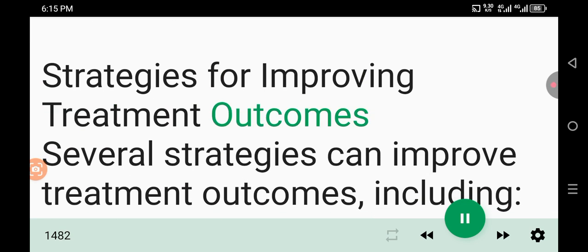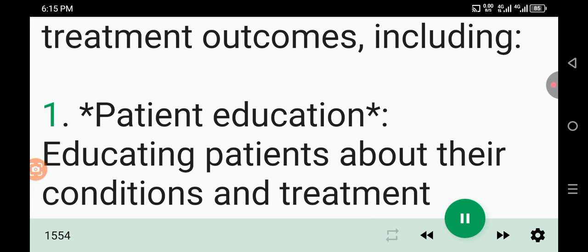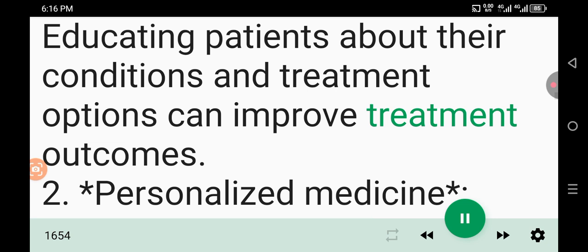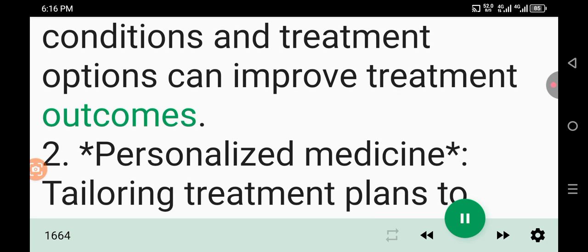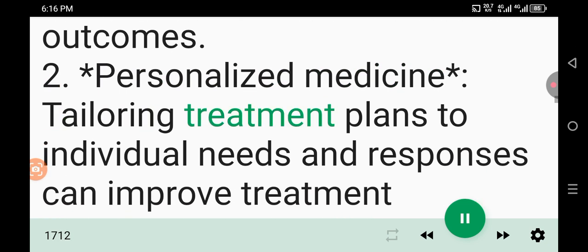Strategies for improving treatment outcomes. Several strategies can improve treatment outcomes, including 1. Patient education. Educating patients about their conditions and treatment options can improve treatment outcomes. 2. Personalized medicine.